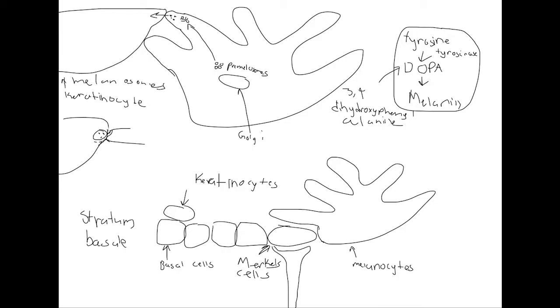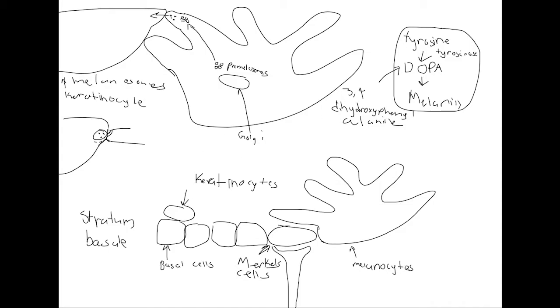So that's how it takes in these melanosomes. And this phagocytosed part of the melanocyte will be able to release these melanosomes into the keratinocyte. And now the keratinocyte has melanin.